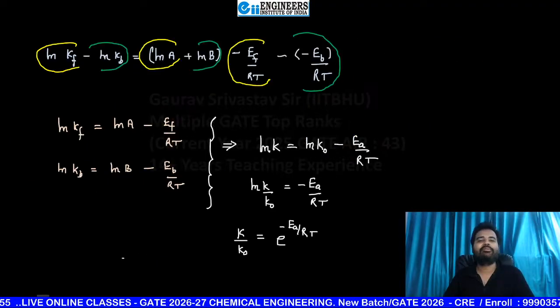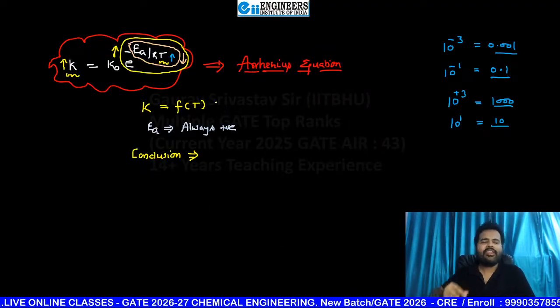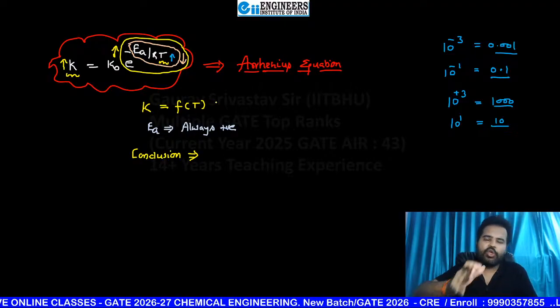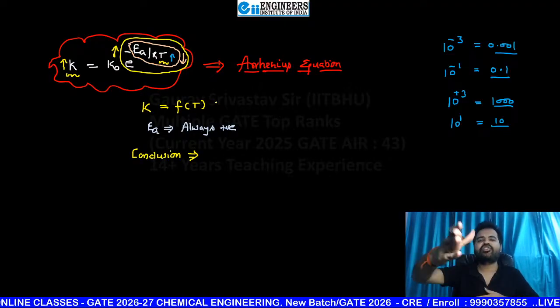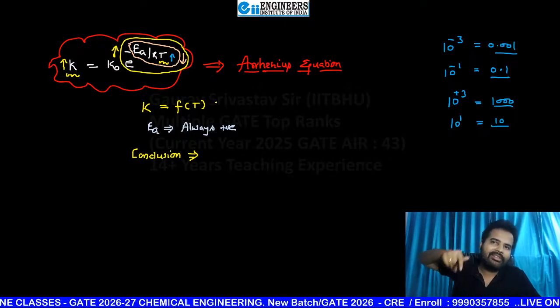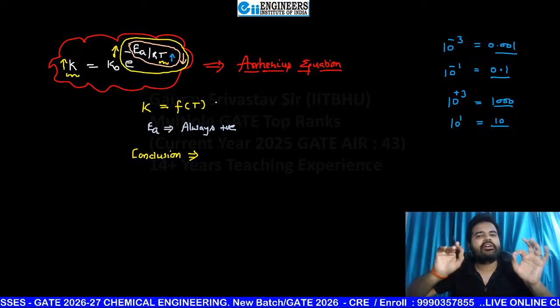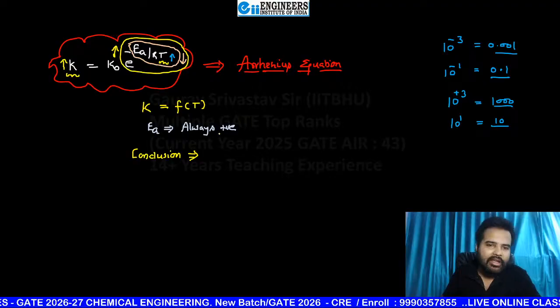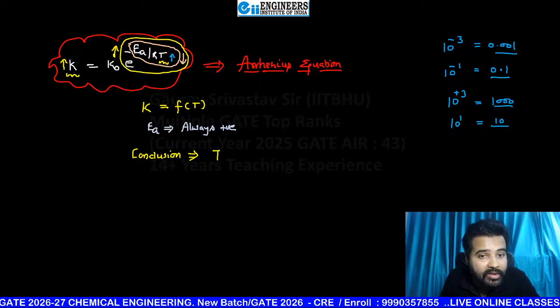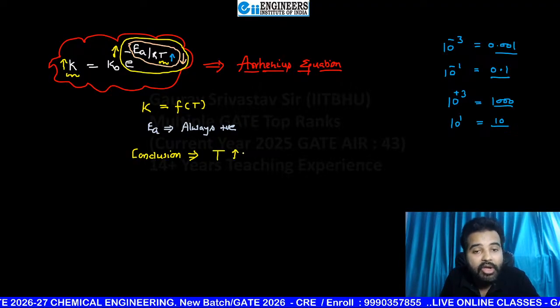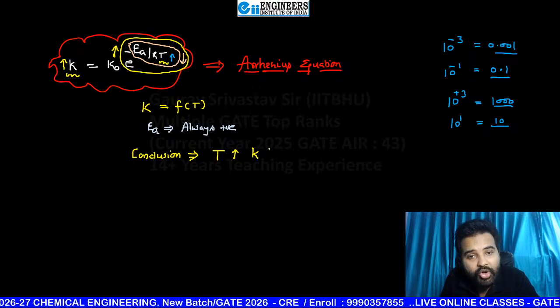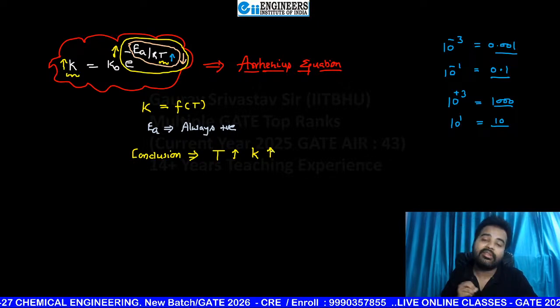But this time, no need to worry. Even if the reaction is reversible, you are seeing only one direction. What is going to happen with that direction's reaction rate constant? That will always increase. So what is the conclusion? Whenever you increase temperature, my dear students, the reaction rate constant always increases.